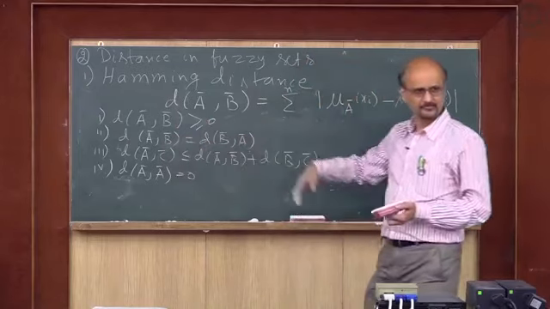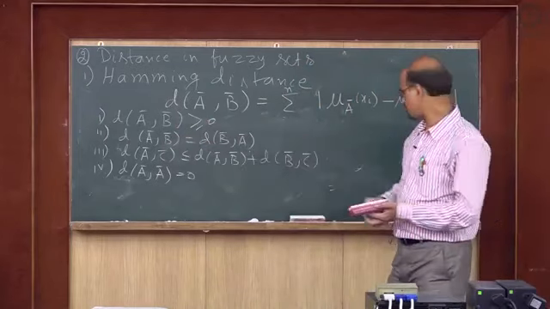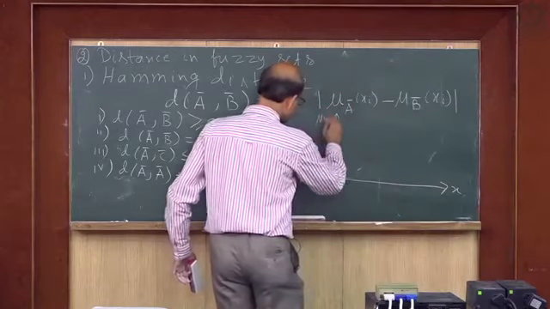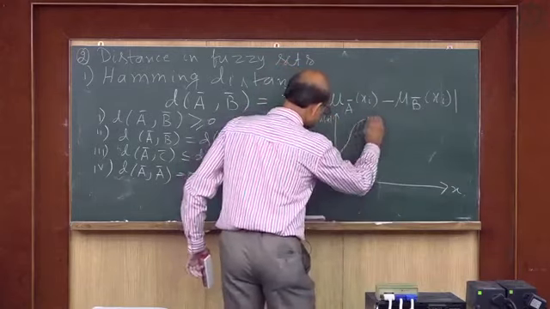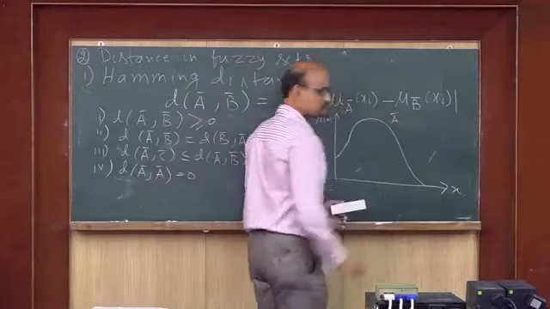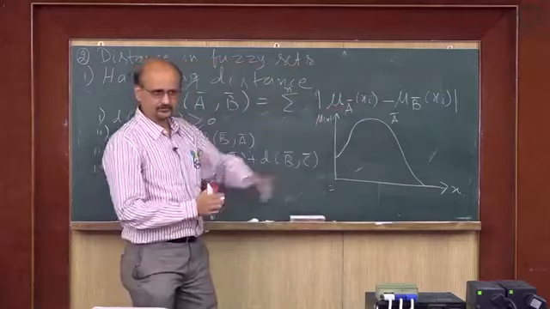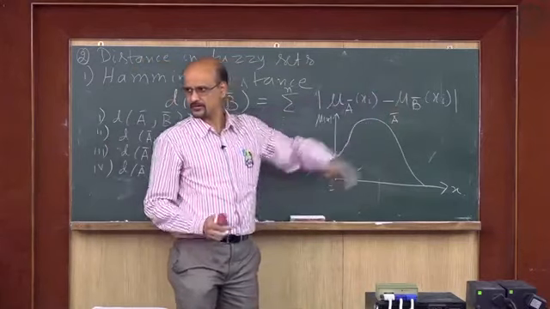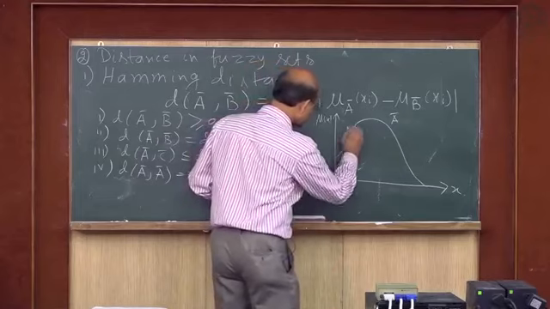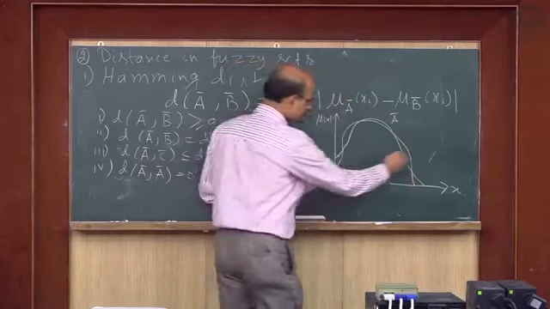Suppose I have x and mu x, and I have a fuzzy set like this, A bar, continuous. Earlier we did it for discrete. Suppose I have A bar fuzzy set like this and another, this is B bar.